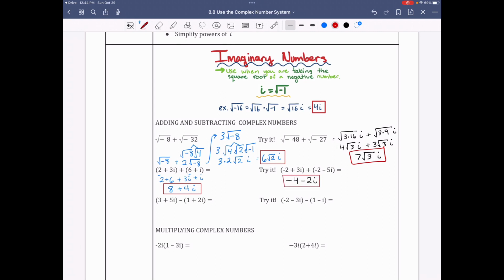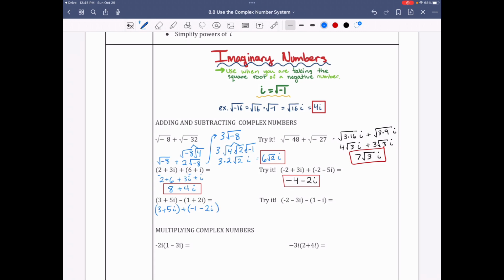Now we're going to subtract, and when we're subtracting parentheses, we need to make sure that we're subtracting each piece, and so I like to rewrite it as adding the opposite. So we have 3 plus 5i. I'm going to change this to adding, and then what's in the parentheses changes to opposite, so -1 and -2i.